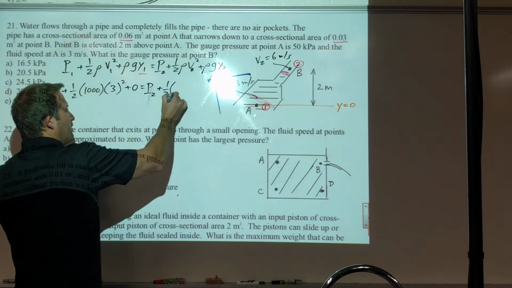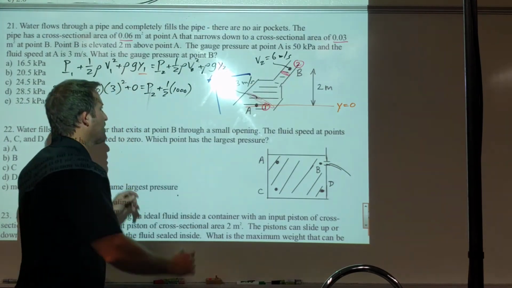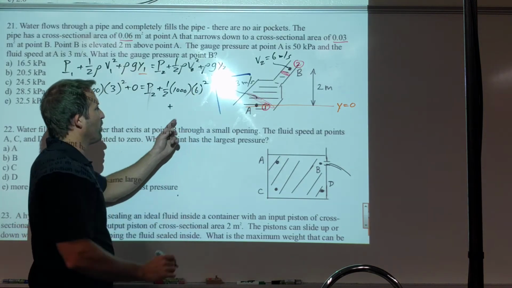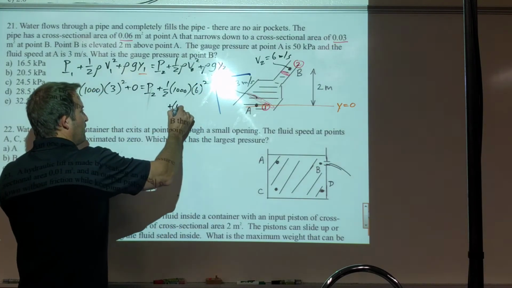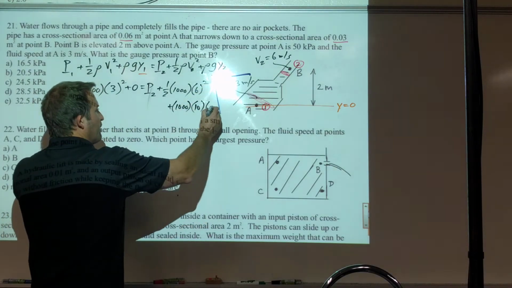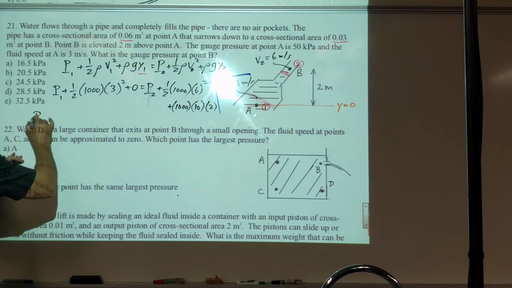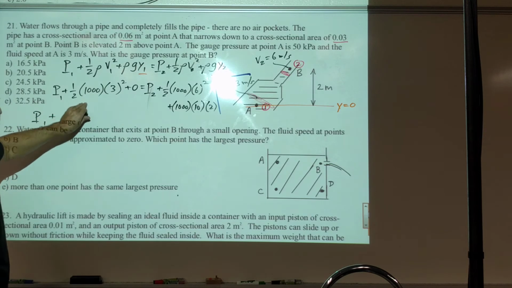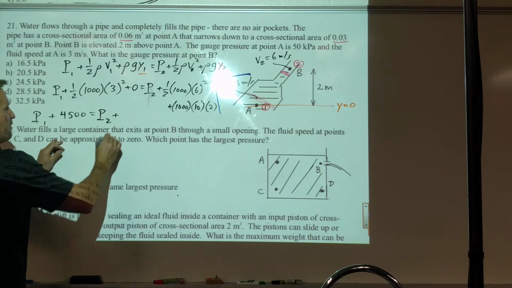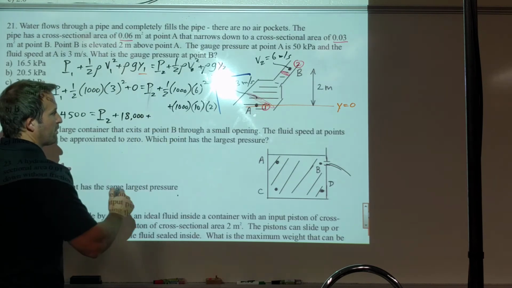And similarly, the density of water, and the speed at point 2, which we found out is 6 meters per second. And we've got one more term here, the density of water times g times the height at point 2, which is 2 meters. At this point we can start plugging in some numbers. What do we have here? This is going to be 4,500. This is going to be 18,000. And this term will be 20,000.